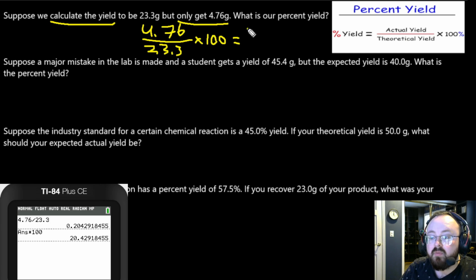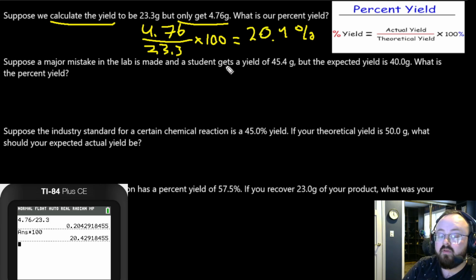So our answer, our percent yield, was 20.4%. Alright, 3 sig figs. Give me sig figs based off of your values there.